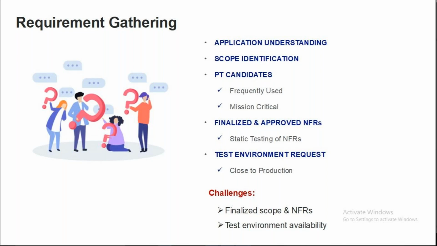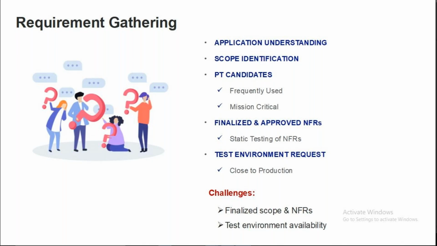If they are not able to provide it, you need to raise a risk to the project that the performance test results which you will get in the lower environments might not correlate to production. And if we do not find any issues here, it doesn't mean that we will not find them in production.